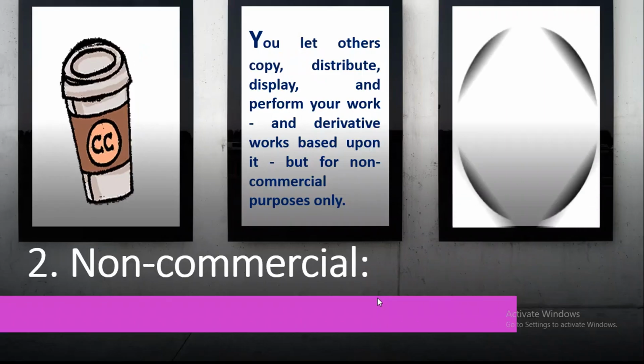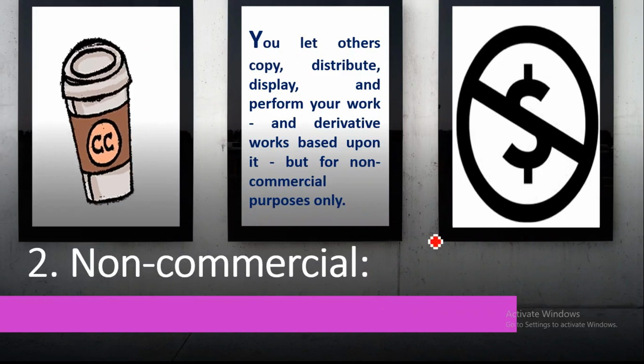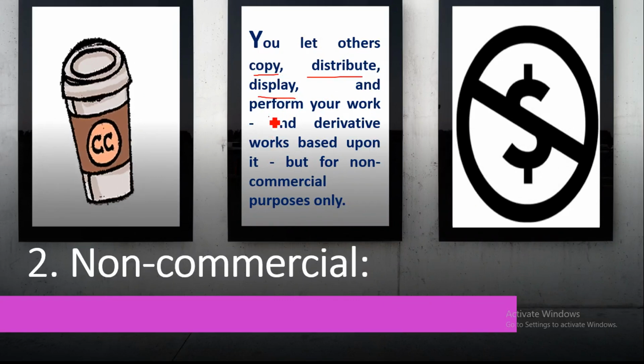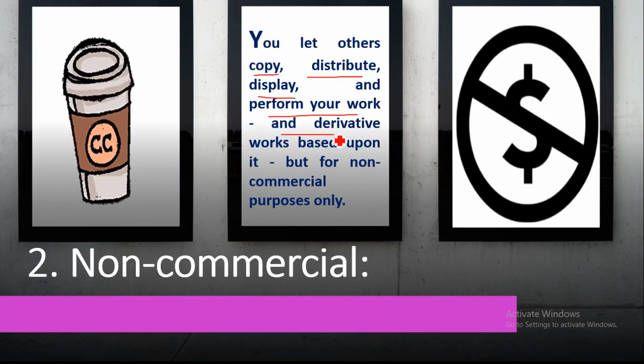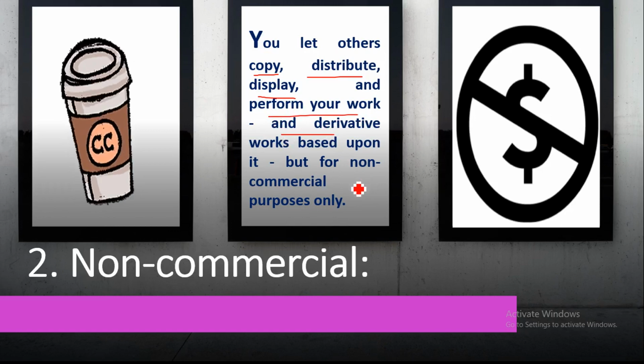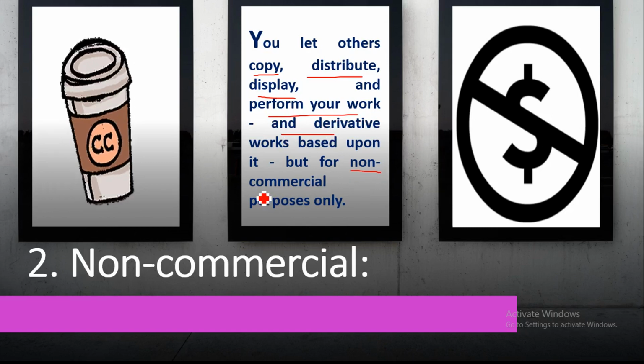The second is the non-commercial license. It allows others to copy, use, distribute, display, perform and derive from my work, but you are not allowed to get monetary benefits out of my content. It is for non-commercial purposes only.